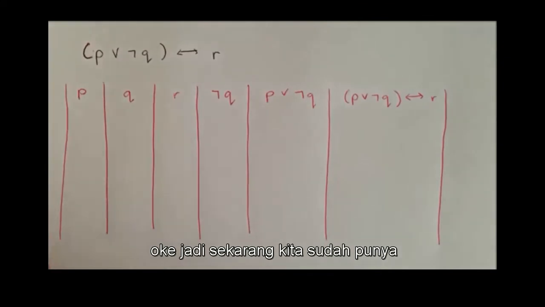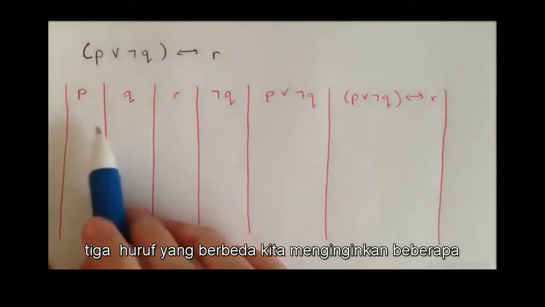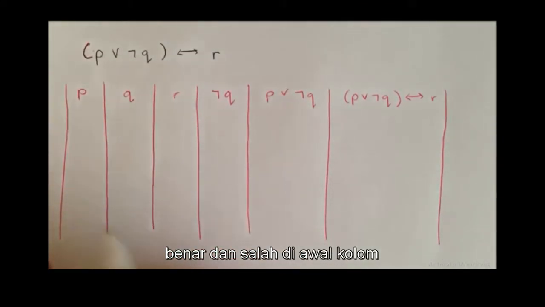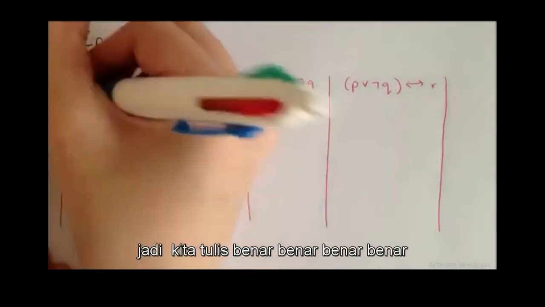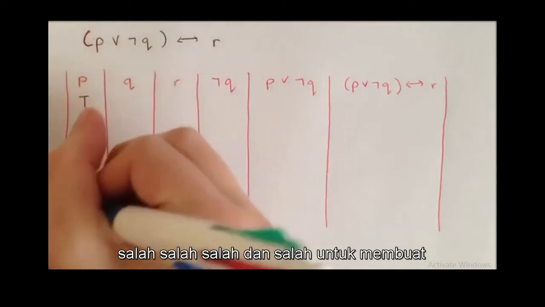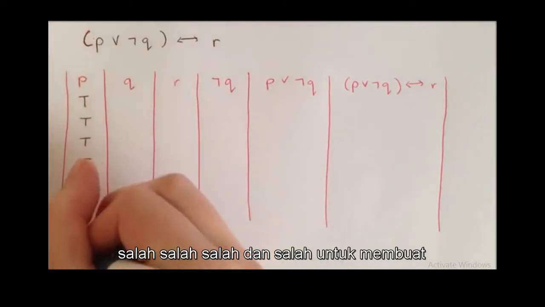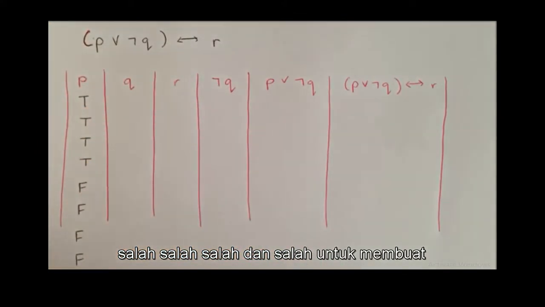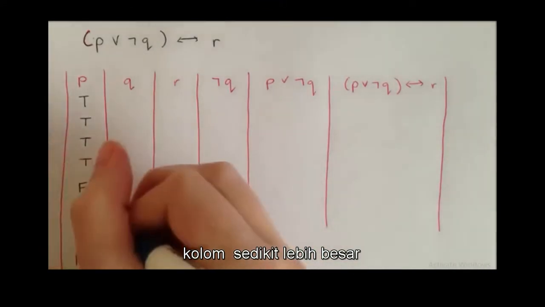Okay, so this time, now that we've got three different letters, we want a few more trues and falses in the starting column. So we go true, true, true, true, false, false, false, and false. To make my columns a little bigger.